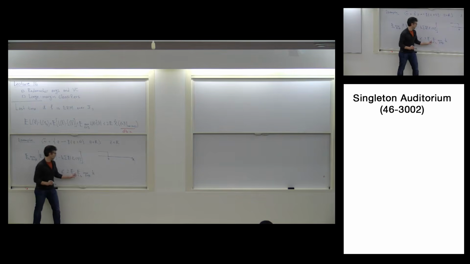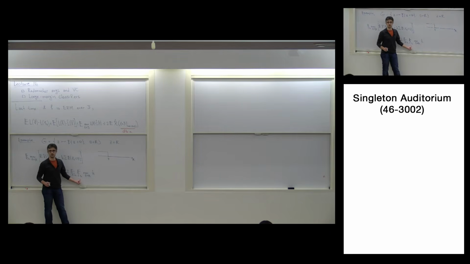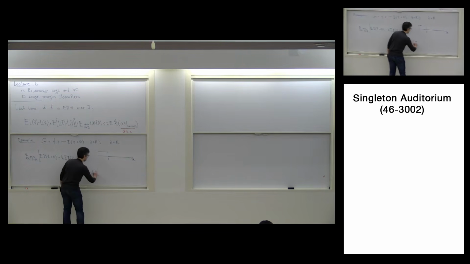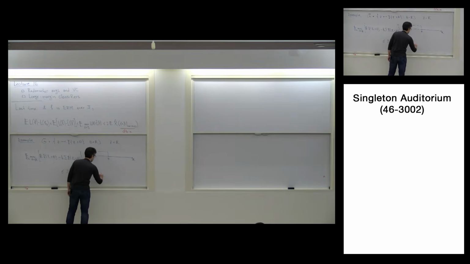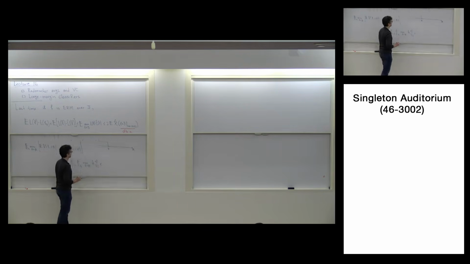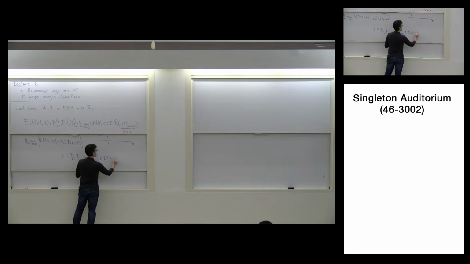I usually kept it outside of the expectation, but that doesn't matter. It is a product between the vector of epsilons and the vector of evaluations of each indicator on the data. Let me just write it out as a sum instead of the inner product: the sum over i from 1 to n of epsilon i times the indicator that z i is less than theta.